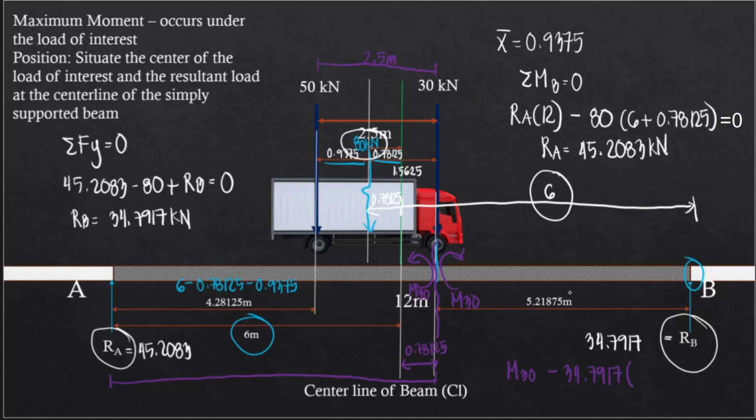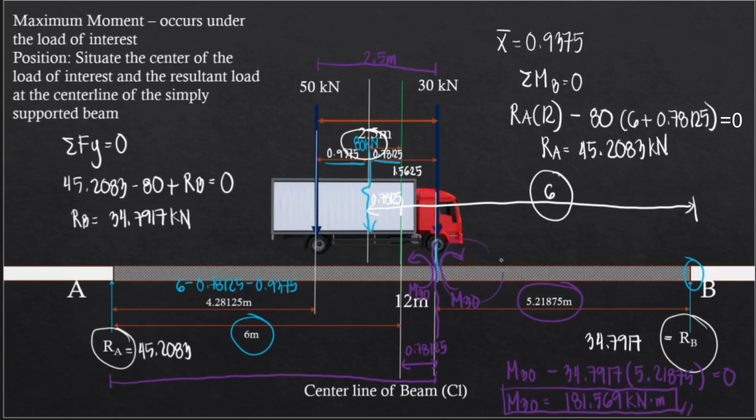That distance will be 5.21875. Setting this to 0, the moment under the 30 kN load will still be 181.569 kN·m. As you can notice, the result is still the same, but we only used a single force.